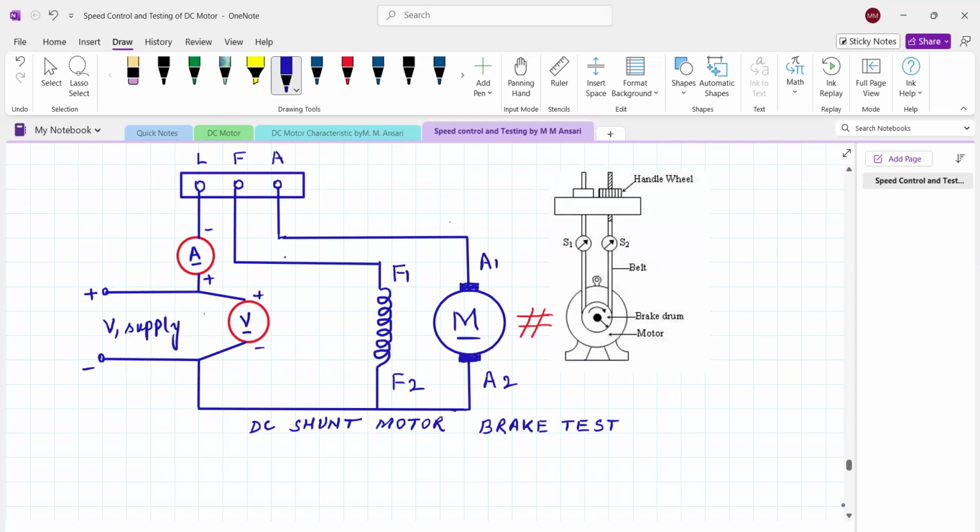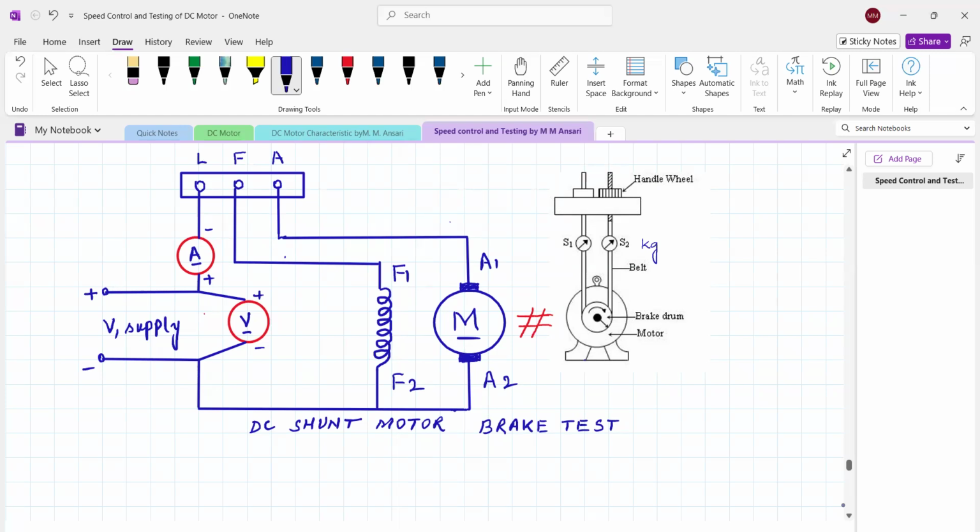This armature is mechanically coupled with the pulley arrangement as explained earlier, whose radius is R, and these are the spring balances S1 and S2, which measure in kg, whereas R is the radius of this one. Now this is the field winding. We can put some resistance to adjust the field current to obtain the rated value.